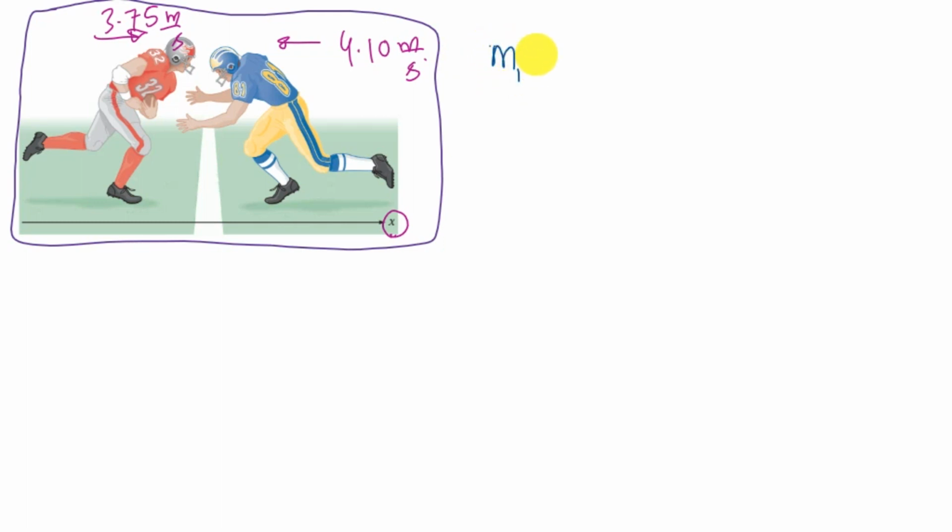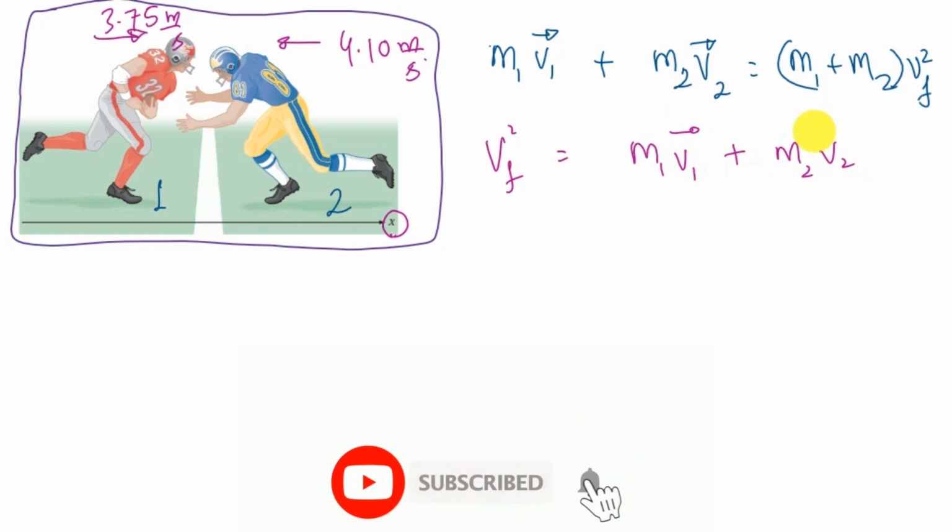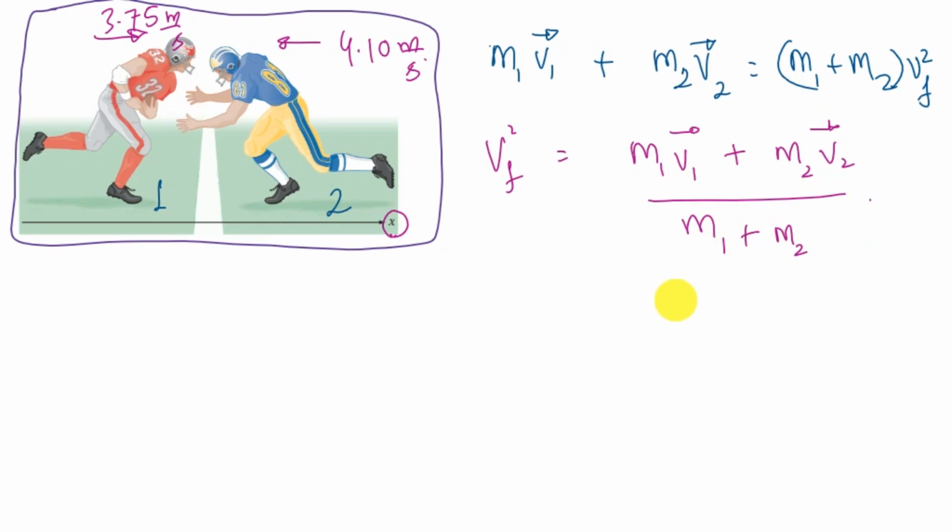So m1 v1, this is the initial momentum for player 1, plus the initial momentum for player 2, equals the final momentum of the system, so (m1 plus m2) times vf. यहाँ से फिर से वही एक्सप्रेशन आ जाएगी जो हमने पिछले क्वेश्चन में निकाली थी, द इनिशियल मोमेंटम डिवाइड बाय द टोटल मास. बट यहाँ पे जो वेलोसिटी है ये ऑपोजिट है, सेम डायरेक्शन में नहीं है. पिछले वाले एग्जांपल्स में जो वेलोसिटी थी या तो वो ज़ीरो थी सेकंड ऑब्जेक्ट की, या वो सेम डायरेक्शन में था. तो इस क्वेश्चन में क्या है, this is vf, यहाँ पे square नहीं है, this is not square here.